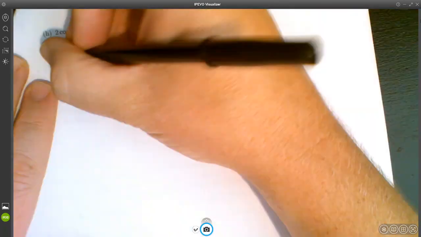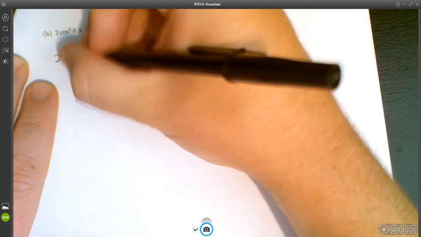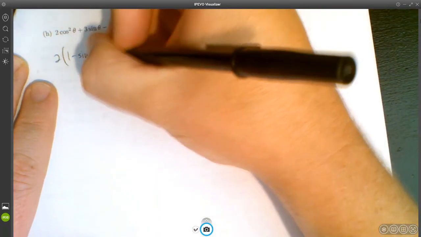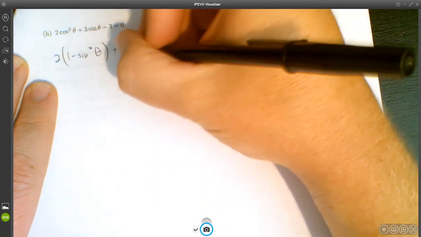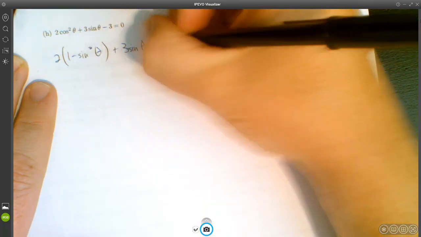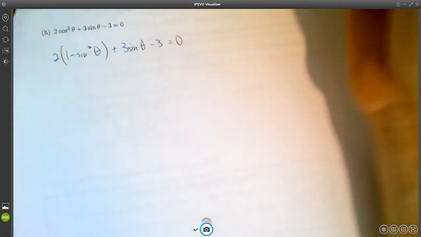So let's do that. I have 2 times 1 minus sine squared theta plus 3 sine theta minus 3 equals 0.